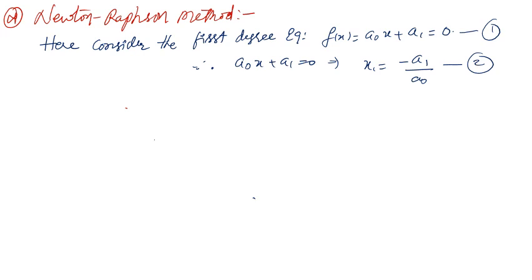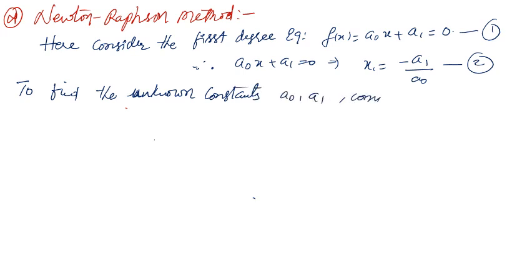Okay, to find the unknown constants a naught and a1, consider the conditions. The first one is f of xk.